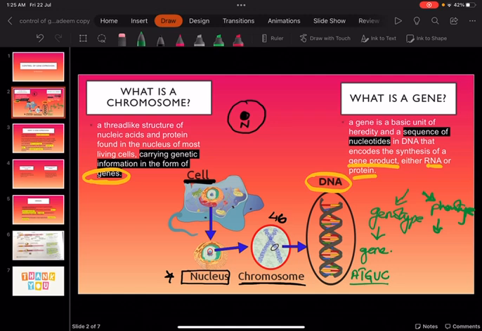The phenotype is actually what is expressed, what we can see visibly. For example, if a person has this DNA encoding, then that person would have blue eyes. So we can know that a blue-eyed person has this genotype within the person.